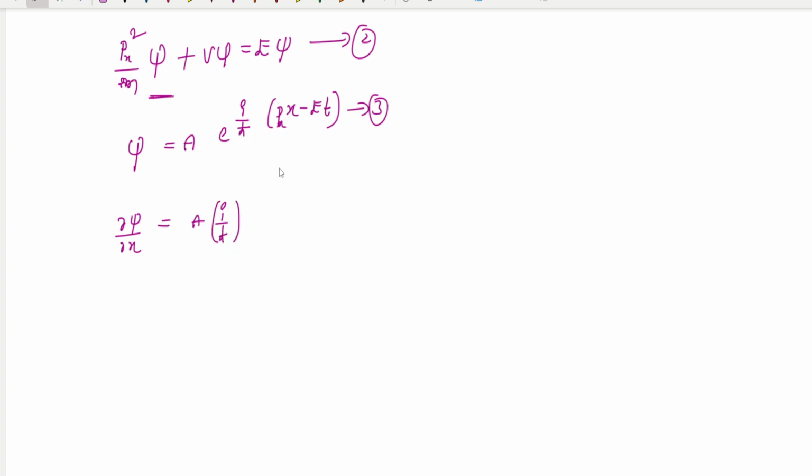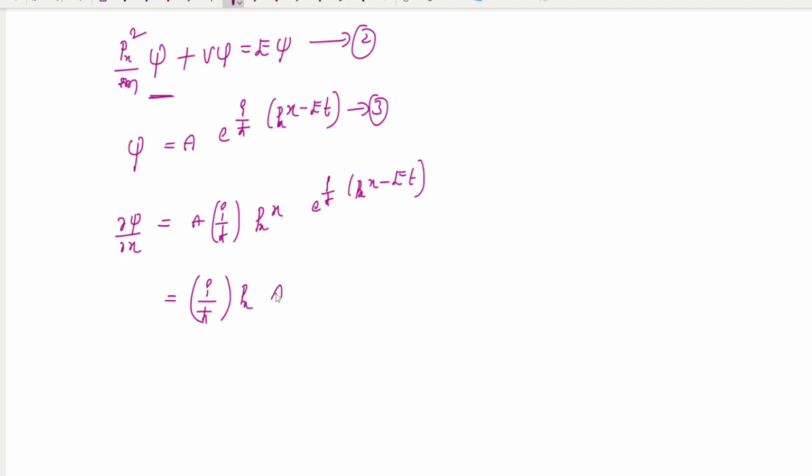This is just derivation, no need to worry. The p_x x with respect to x, the remaining thing is i p_x/ħ, times e^(...).